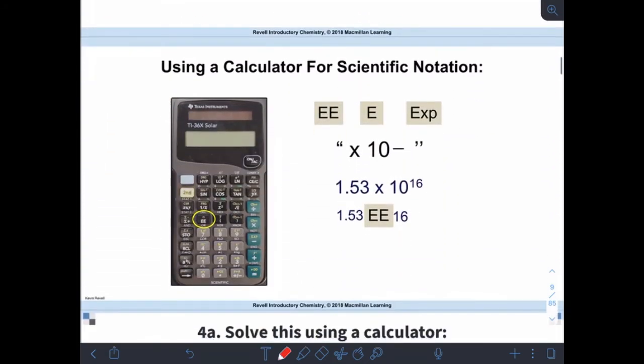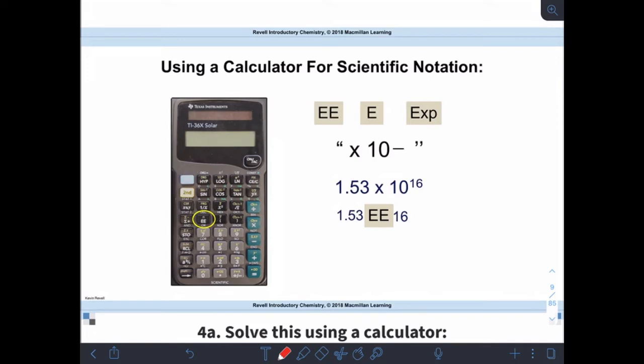Right now, you are going to need to do this in a calculator, okay? There are much, much better ways than actually typing in times 10 and trying to do an exponent. Those better ways involve the EE or exponent button. Some calculators have a designated EE button, like the one in the image here.